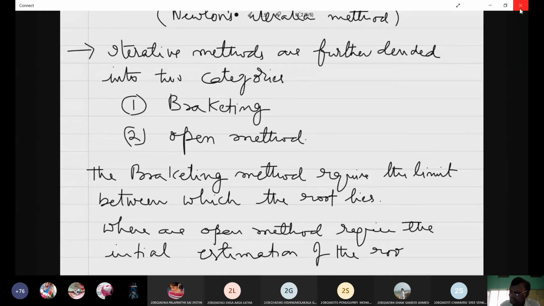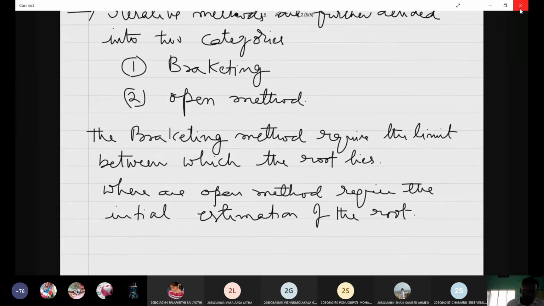That means nothing but the initial guess, taking the initial approximation. That is the meaning of that.